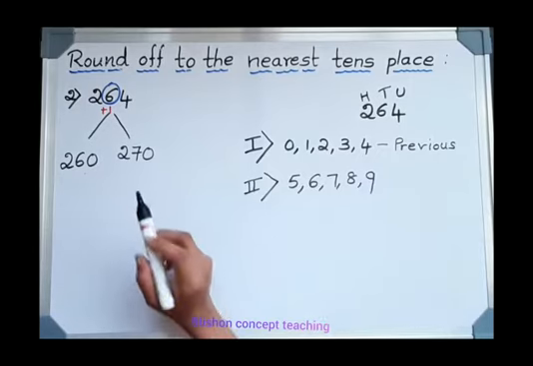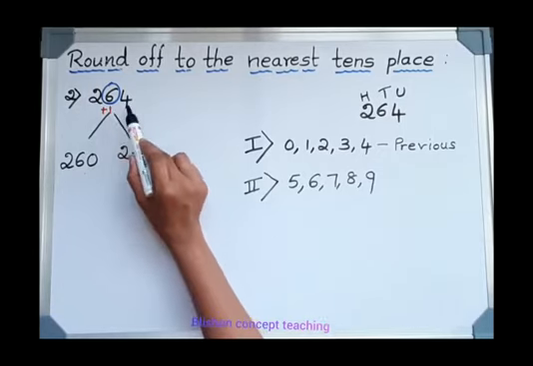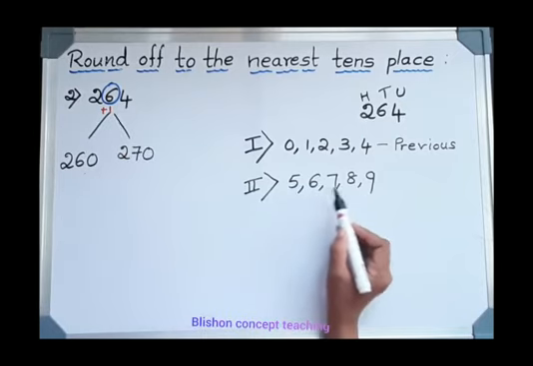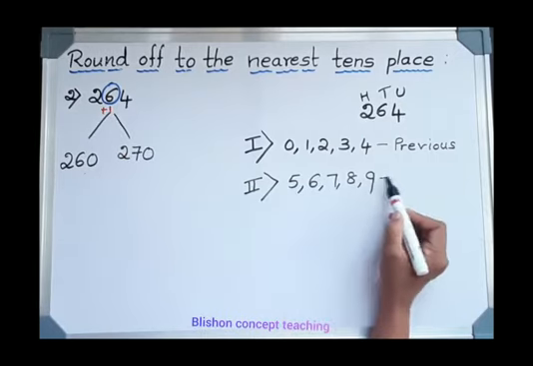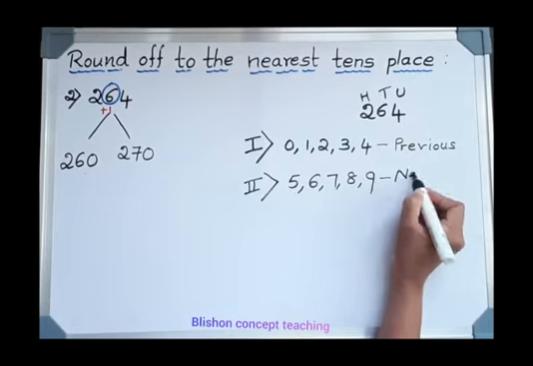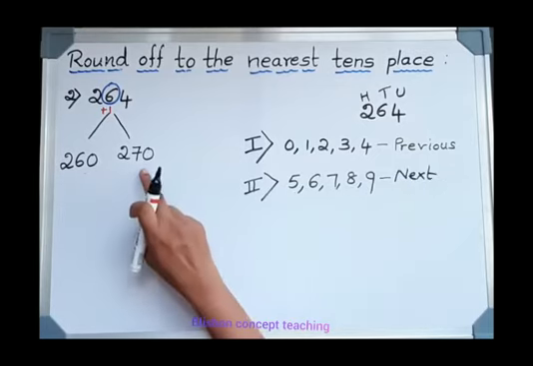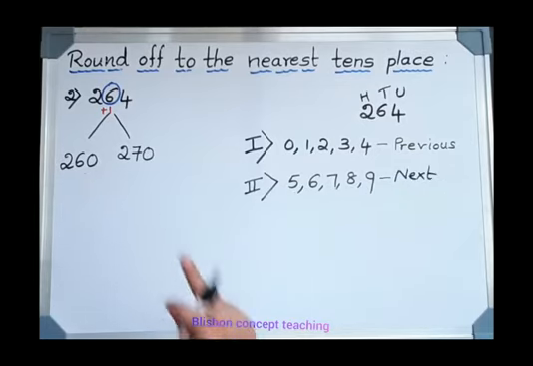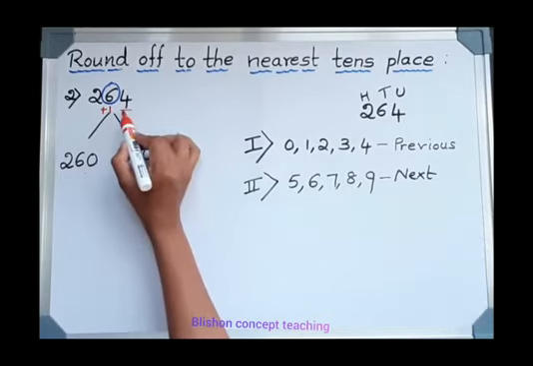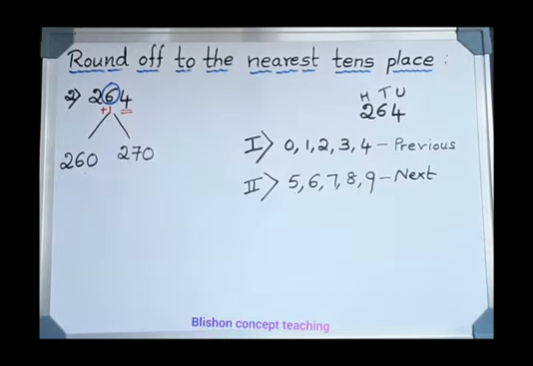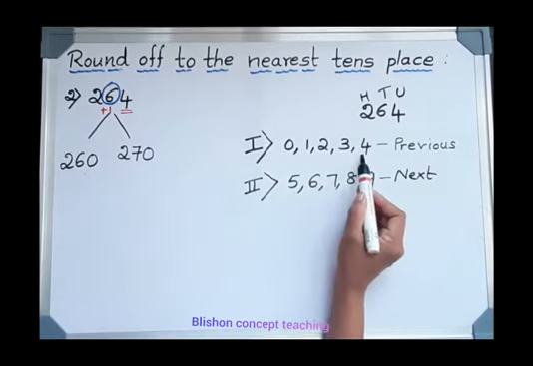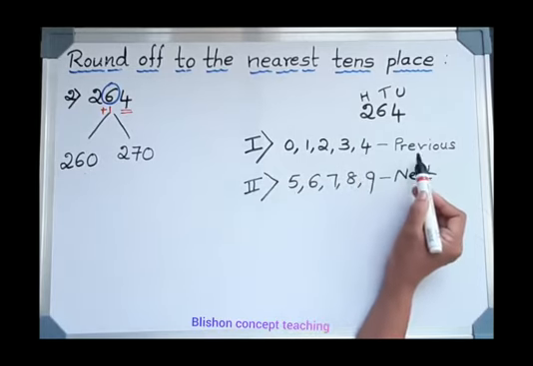Suppose after the tens place, if the digit is 5, 6, 7, 8 or 9, we will round up to the next number. See here after the tens place, 4 is there. Means it will come in the first group. Means we will round up for the previous number.